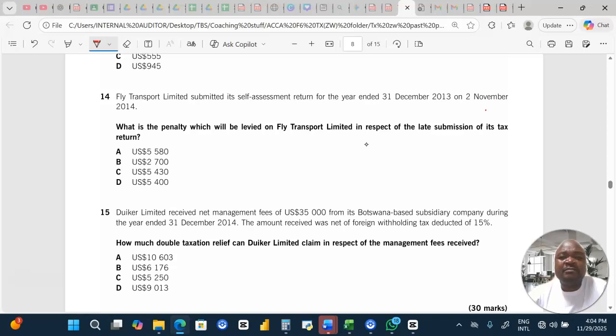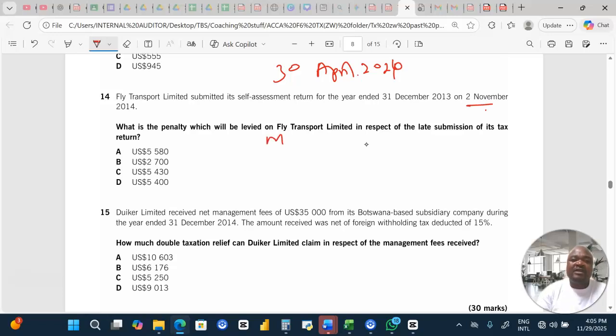Remember, the due date should be 3rd April 2024. That's when this company was supposed to have lodged their self-assessment return. But they lodged it almost 6 months late, on the 2nd of November 2024. So how many days were they late?